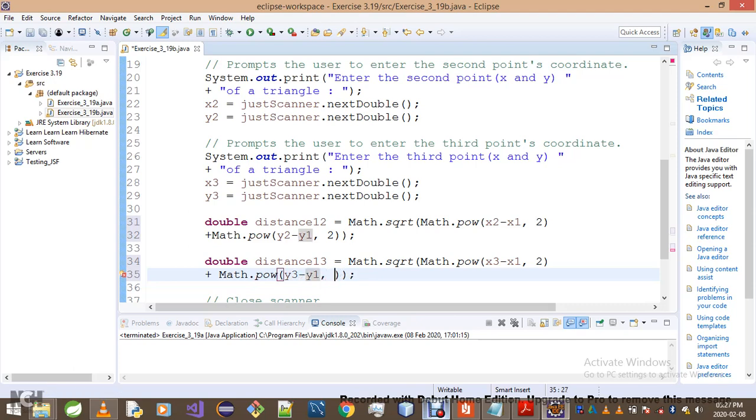Of course we need a square root of that, with the sum raised to the exponent of 2 inside.